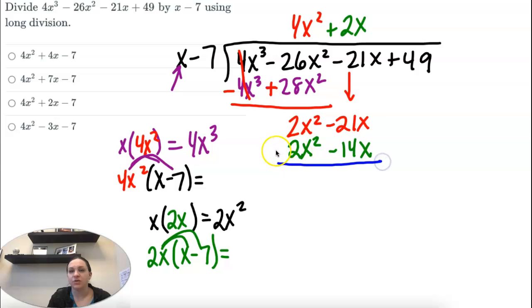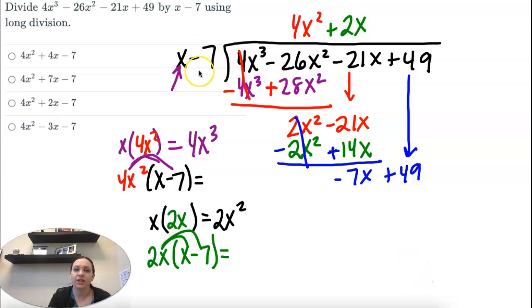Okay, and we're going to subtract, so change the signs. Those go away. Woohoo, that's what we want. Negative 21 plus 14 is negative 7x. And then we're going to bring down the last term. And look at that again. So now we have x times what is negative 7x.